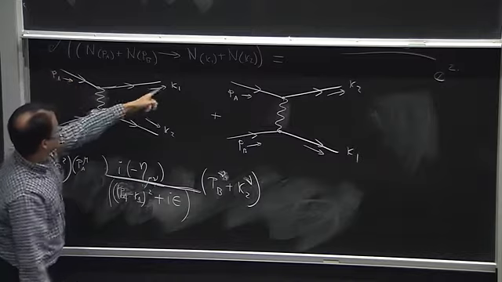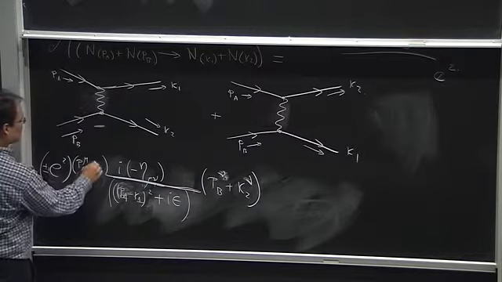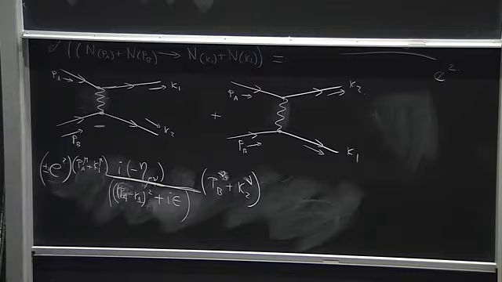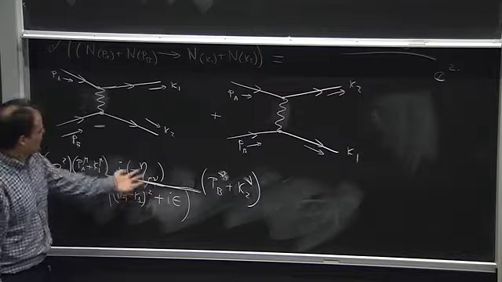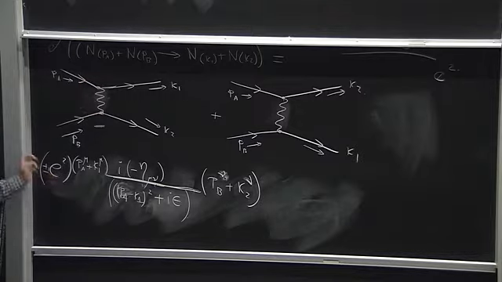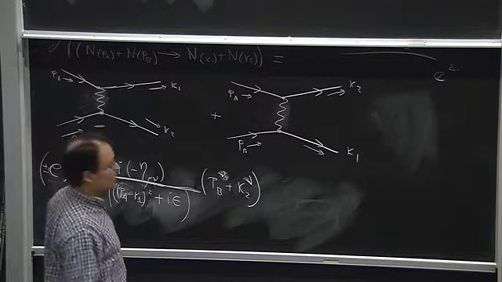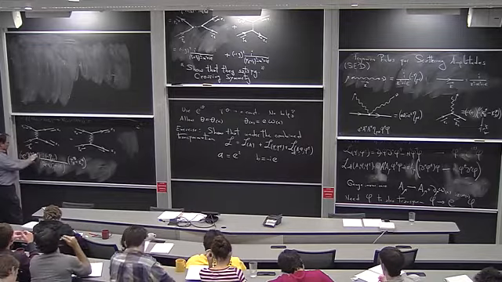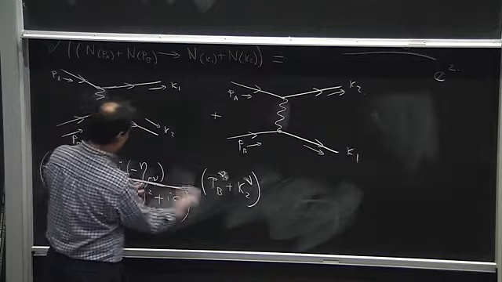This is going in, but this guy also has to revert. Okay? So that's the answer coming from this diagram. I'll let you work out all the other factors of plus or minus I coming from the definition of the vertices. But this was very important to see how the contraction of the indices happens.